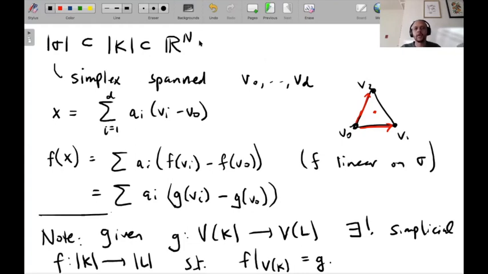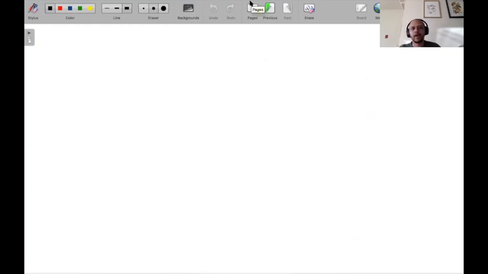So in general, here's what we want from simplicial maps.